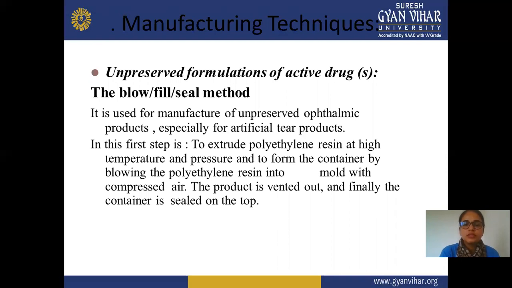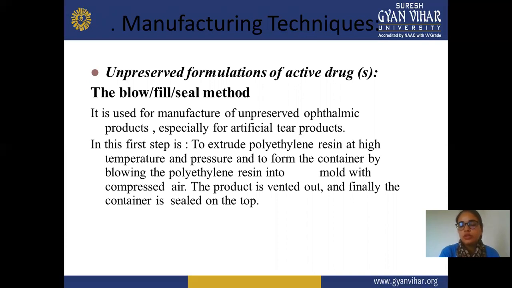In this, the first step is to extrude polyethylene resin at high temperature and pressure, and form the container by blowing the polyethylene resin into a mold with compressed air. The product is then vented into it, and finally the container is sealed at the top. That means you directly manufacture the container as well as your formulation. You extrude a large quantity of polyethylene resin under high temperature and pressure, and due to this the container is blown.